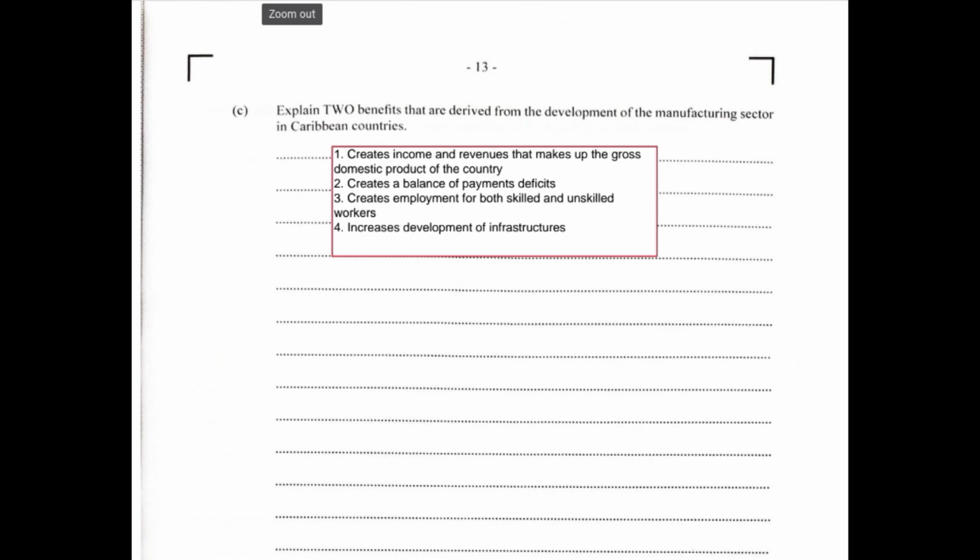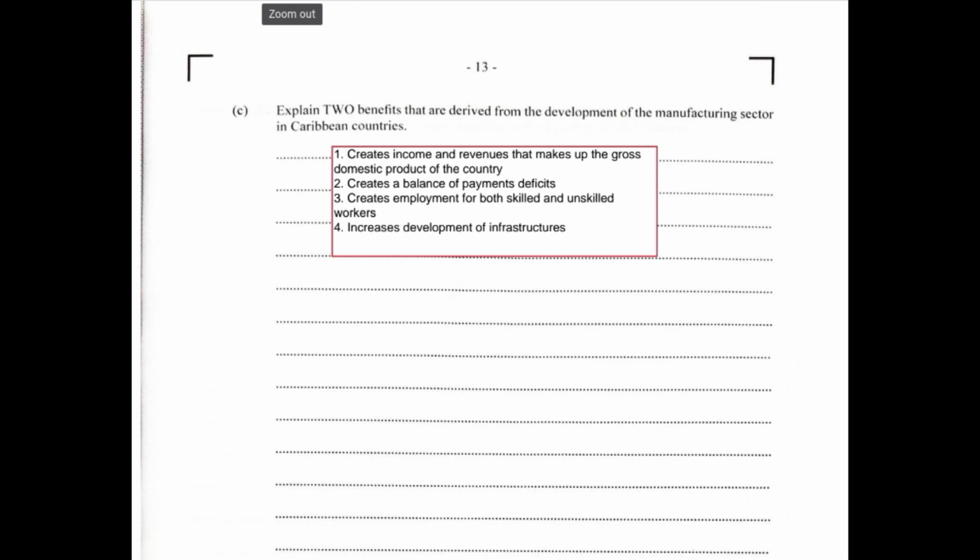When we talk about the GDP, it is the value of all the goods and services that are produced in a country. Hence, the manufacturing sector would contribute greatly to the GDP of the country if it is developed. 2, it improves the balance of payments. When manufactured goods are exported, they reduce the amount of foreign exchange spent on imports while increasing export earnings. This reduces the amount of borrowing and spending of US dollars, therefore reducing the debt burden.